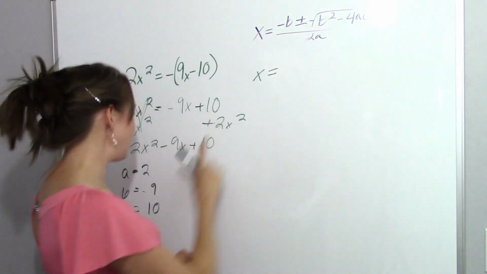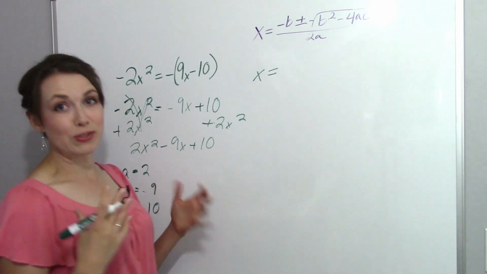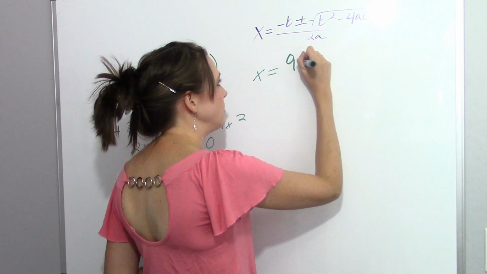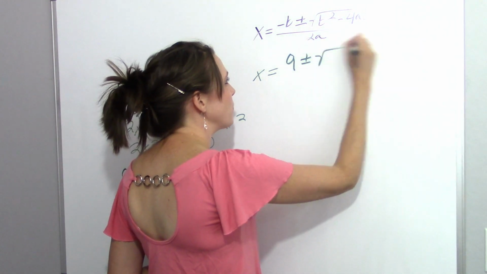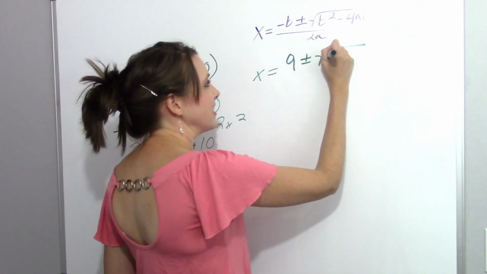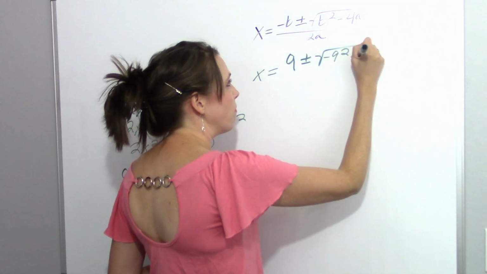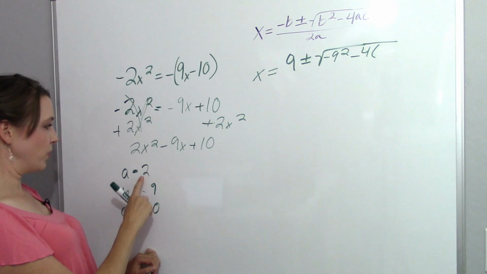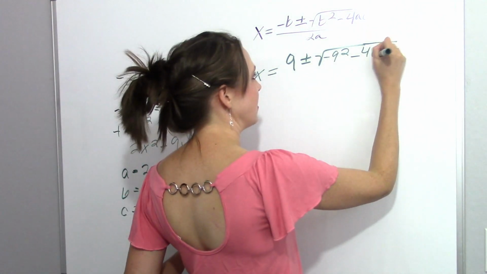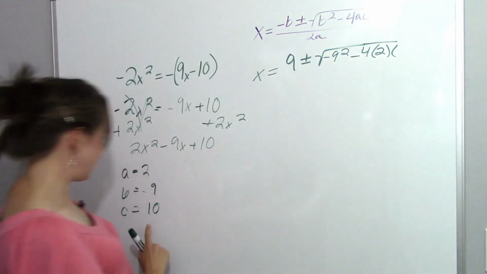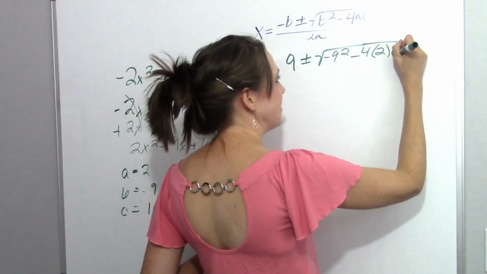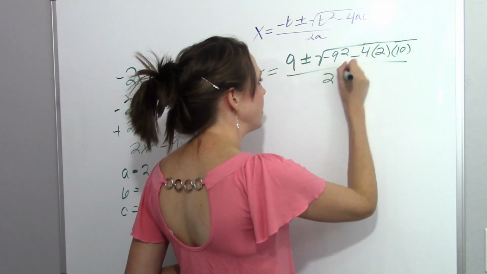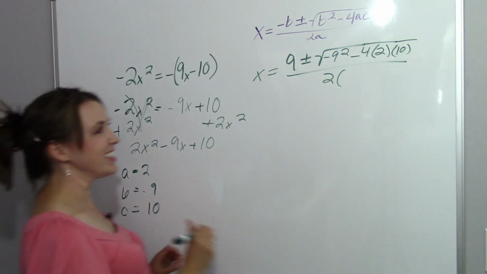So if that's a negative and this is a negative, it's going to be a positive. So 9 plus or minus the square root of negative 9 squared minus 4a, which is 2, and c, which is 10, all over 2a, which is 2.